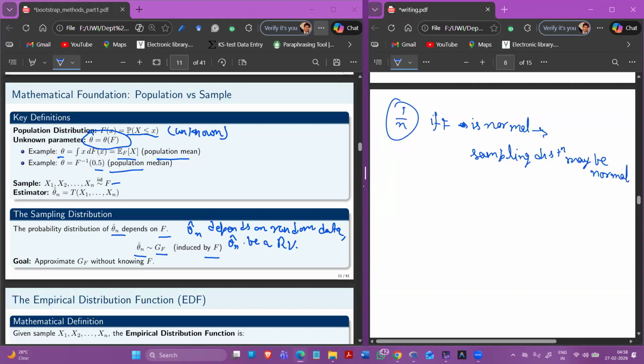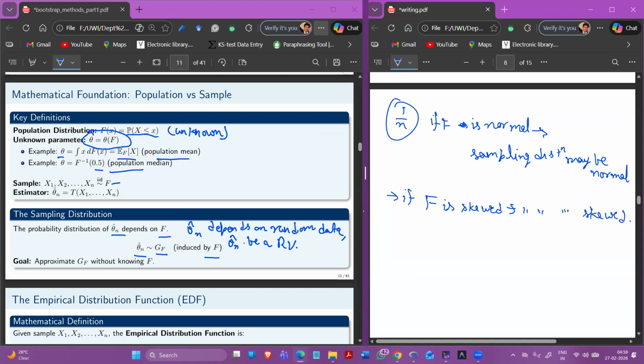If capital F, the population CDF, is skewed, so the sampling distribution may be skewed, right?